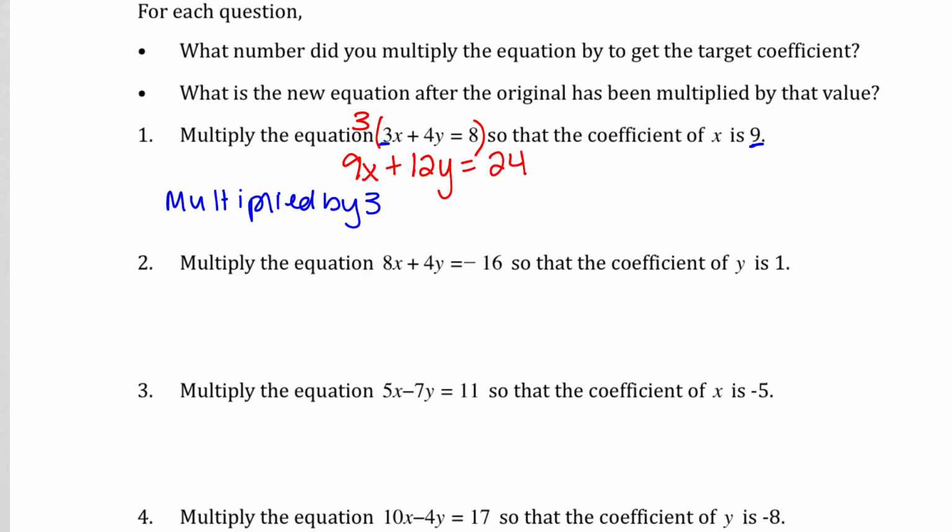All right, number 2. We have the equation 8x plus 4y equals negative 16, and we're multiplying it so that the coefficient of y is 1. What is our coefficient on y right now? 4. How do I get 4 to be 1? Divide by 4.